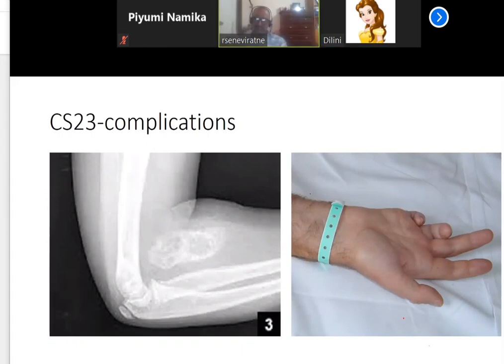But avoid that by gentle physiotherapy from the early days, and of course reducing the hematoma around the fracture. This can occur anywhere in the body following direct trauma, sometimes without a fracture also, when there's muscle damage and muscle hematoma. Still you can develop myositis ossificans. So this is one of the things you must be able to recognize and know how to manage.